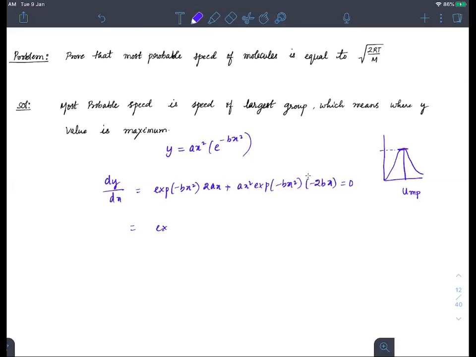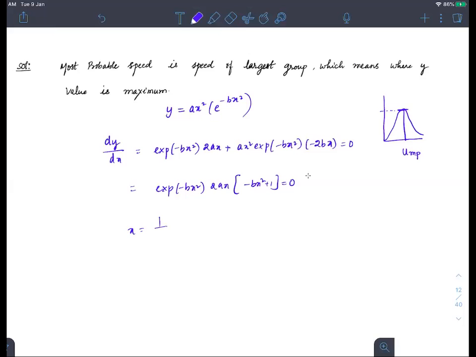If I take common exponential of minus bx square into 2ax, I'll get minus bx square plus 1 equal to 0. So x is equal to 1 by root b, which is equal to under root of 2RT by m. So that's how we get u most probable as under root of 2RT by m. One thing you can notice is that most probable is in fact less than u RMS, which is root of 3RT by m.